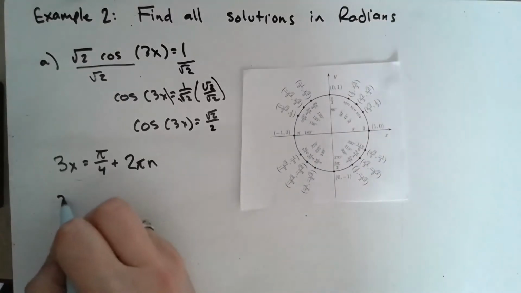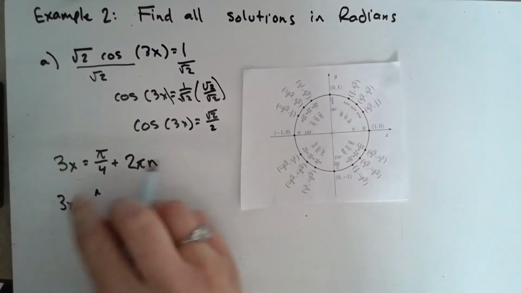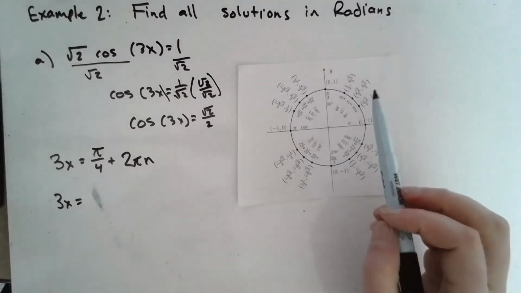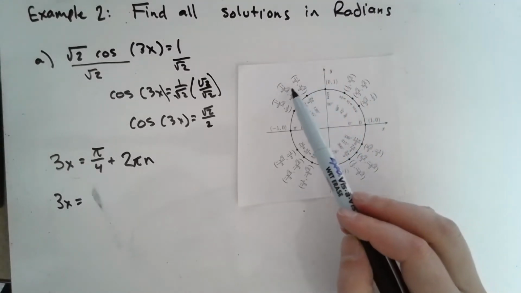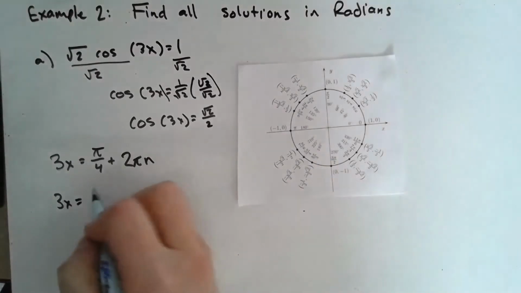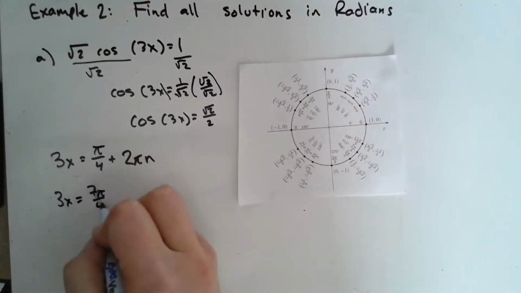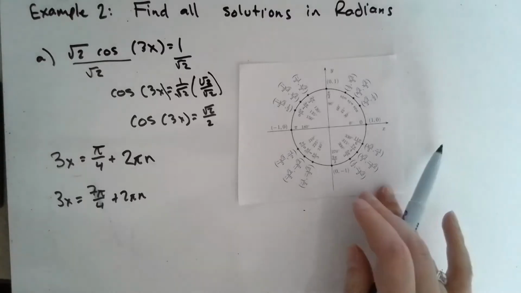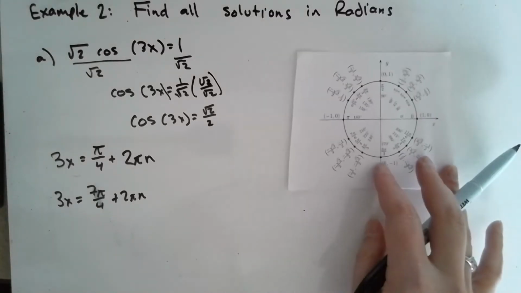Okay, then if I look at my other one, cosine is square root 2 over 2, well, that's negative, so 7 pi fourths plus 2 pi n.